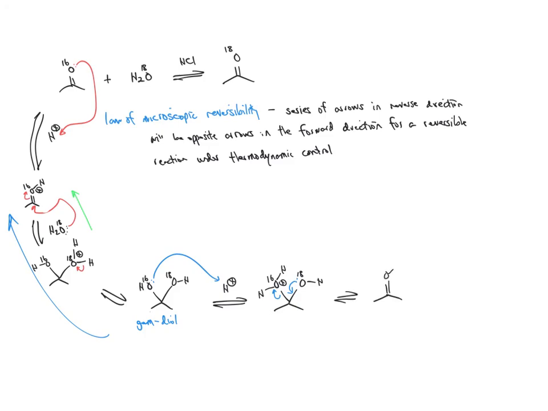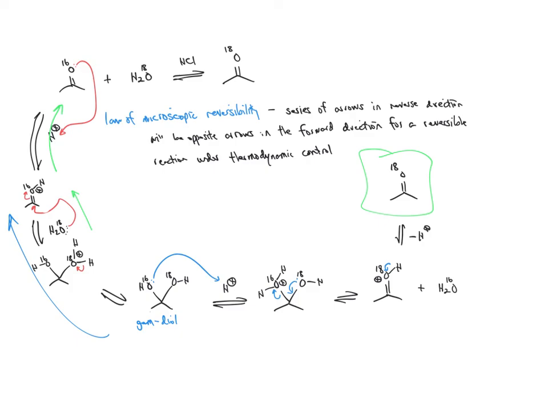Then we have protonated O18 labeled carbonyl plus O16 labeled water. And then, of course, we can remove a proton, which is the last step here. The reverse direction here would be loss of a proton instead of addition of a proton. And so we can take that proton off, and then we have our product, O18 labeled acetone.